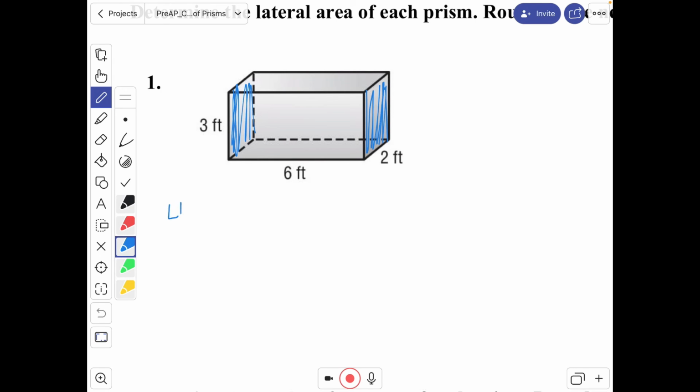So when you do the formula, perimeter is going to be 2 plus 3 plus 2 plus 3. And then the height is the other number. So that's for lateral surface area.